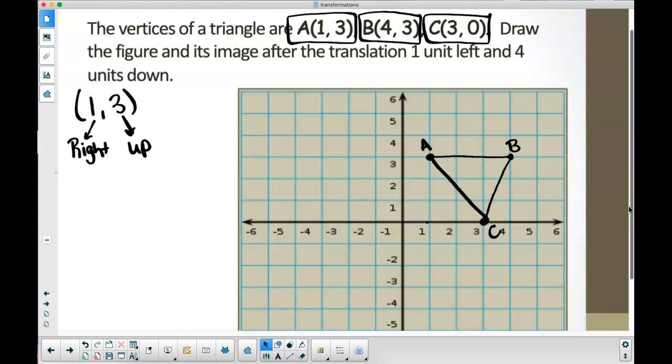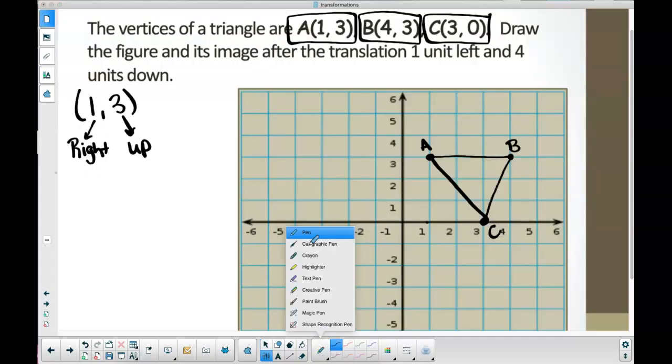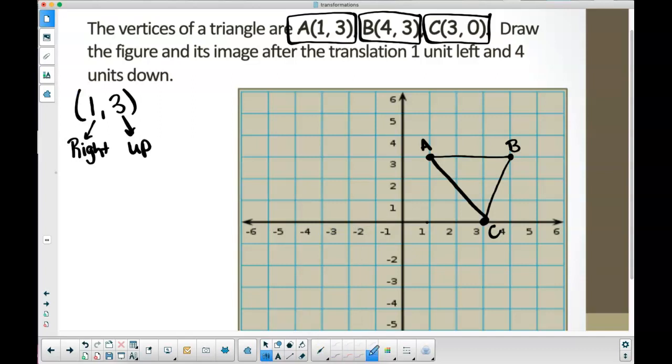Now we're going to translate it. Translate means to do what? What are we going to do with it? Slide, right? Okay. So I'm going to slide this. And we're going to slide it 1 unit left and 4 units down. Okay, here's how we're going to do that. It's really easy. We're going to take each point.